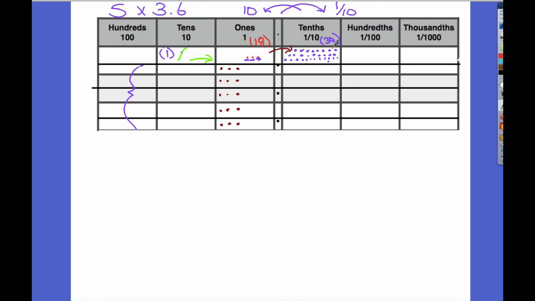So how am I going to divide it out? What do you think? How do I divide out? Perfect. Keep doing the dots until I run out.